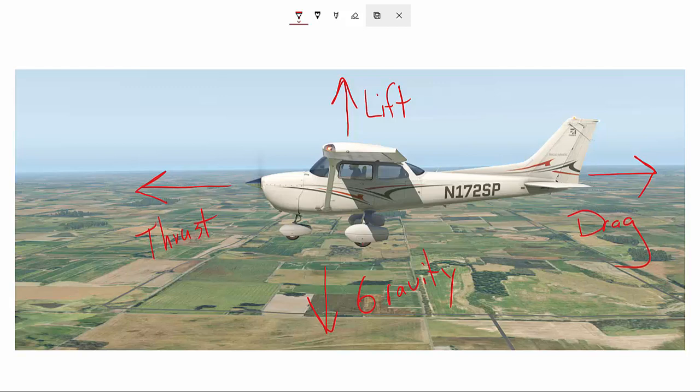Now, on a trainer aircraft like the Cessna 172 in the picture, we want to have a very stable aircraft. We want it to be maneuverable enough such that it's not hard to get it to do what we want, but in general we want it to be a pretty docile aircraft.